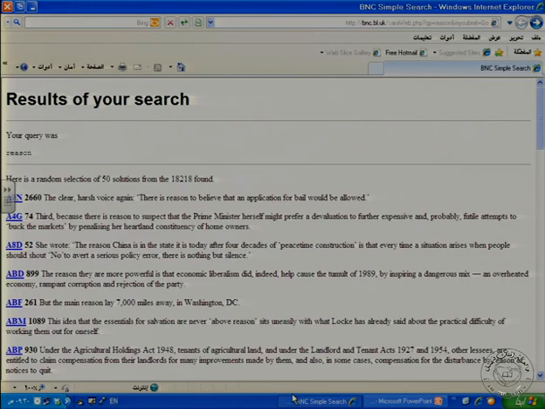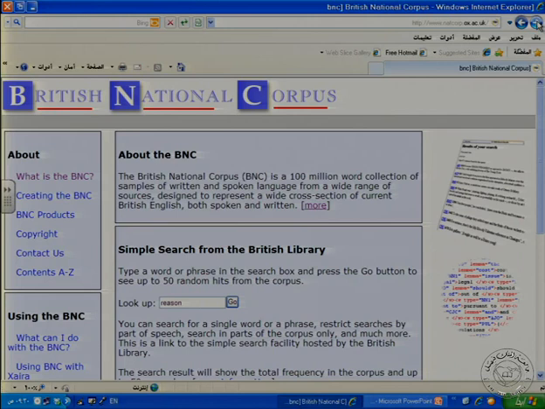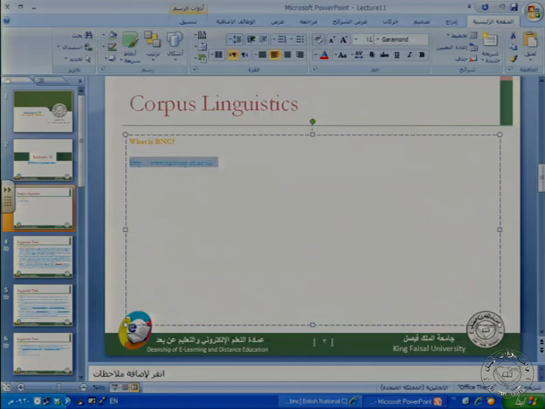For example, you want the word reason without the or there or so on. You can get all of this information. But this is just to give you a feeling about how you can search in a corpus. You can use it for yourself, for your fun, and you can get all the information that might come to your mind.